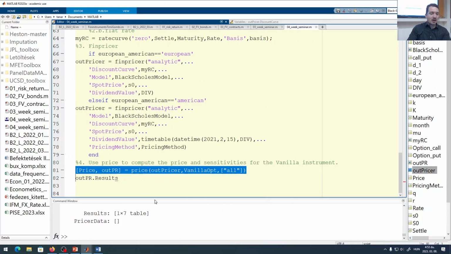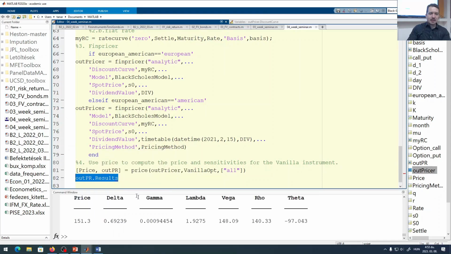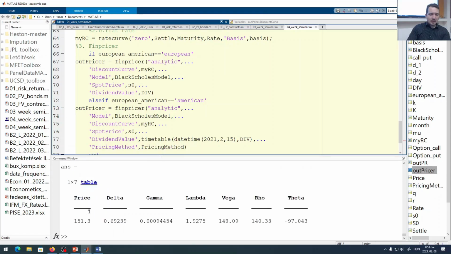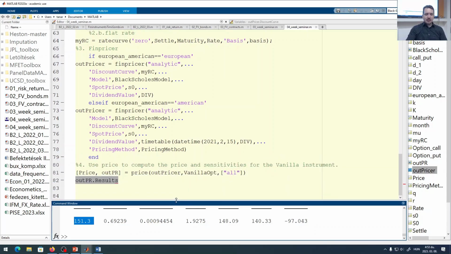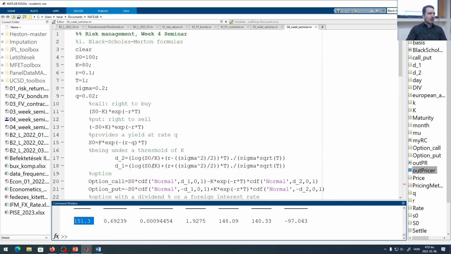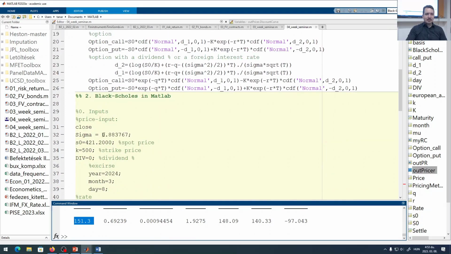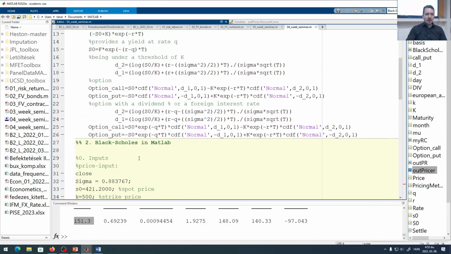So the actual pricing, and we have nice outputs, and we can see that it's 151. So after that, let's see if this thing is consistent with our previous calculations. So let's calibrate our model with the MATLAB one.